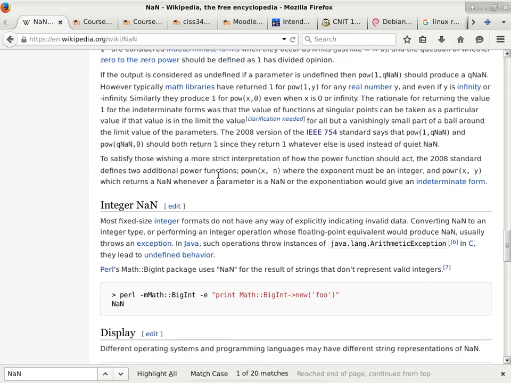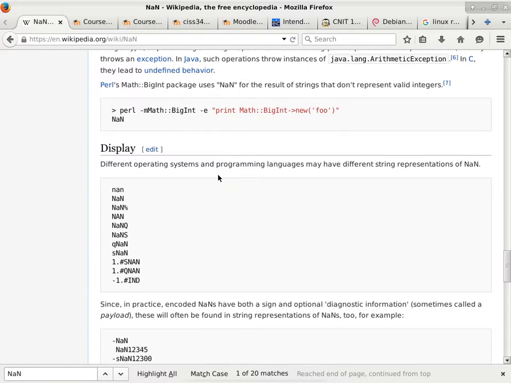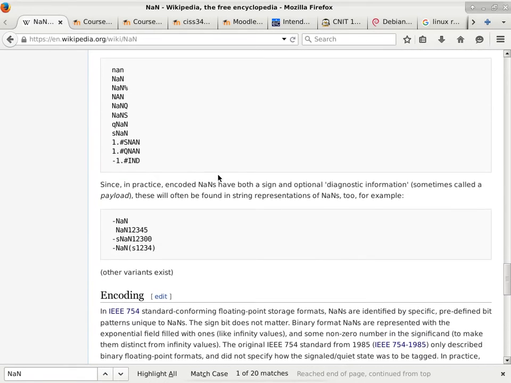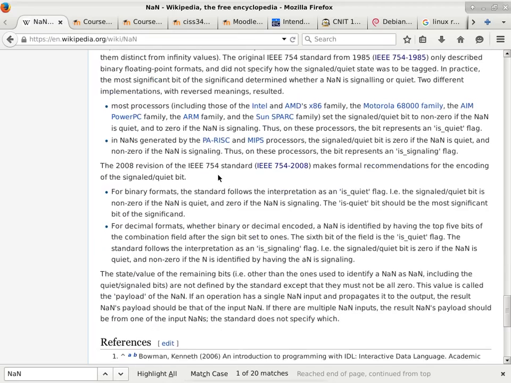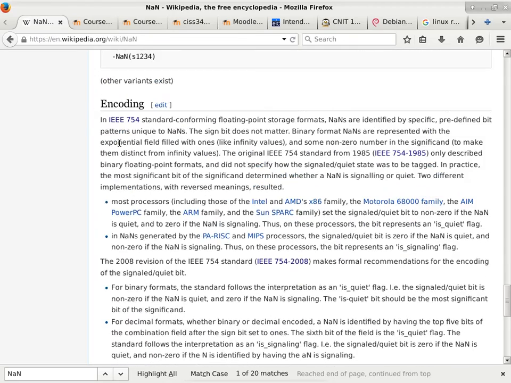I'm just looking at the representation here. Okay, encoding, that's what we want. The IEEE 754 standard conforming floating point storage format. In that format, NaNs are identified by specific predefined bit patterns unique to NaNs.